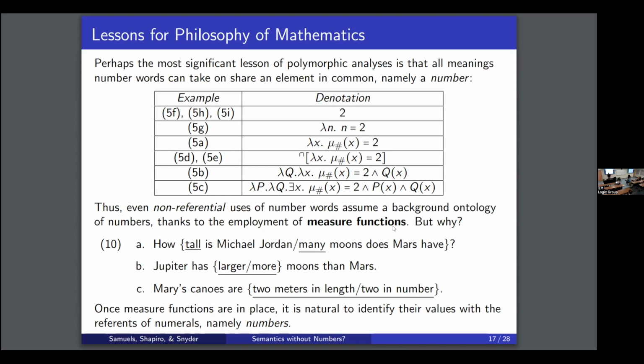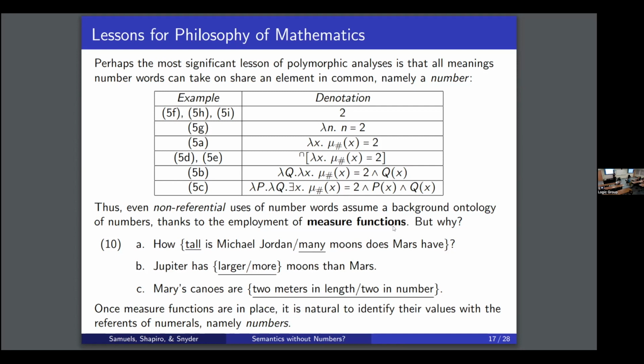Once you have a classifier like "2 objects of cup," that's clearly a measure-like phrase. The syntactic form of a classifier phrase in a classifier language is exactly parallel to a measure phrase.